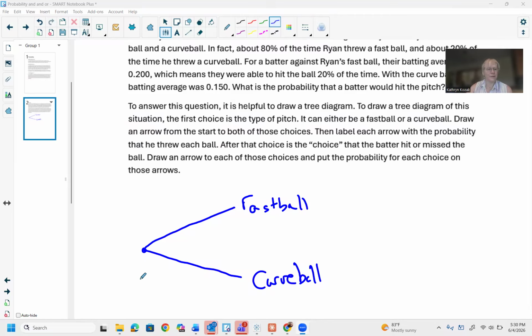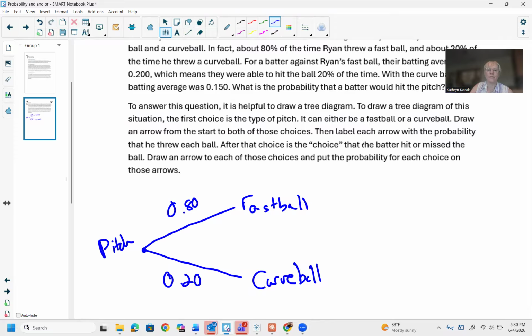All right, so here's the start with our pitch. And again, he can either do a fastball or a curveball. 80% of the time he did a fastball, and 20% of the time he did a curveball.